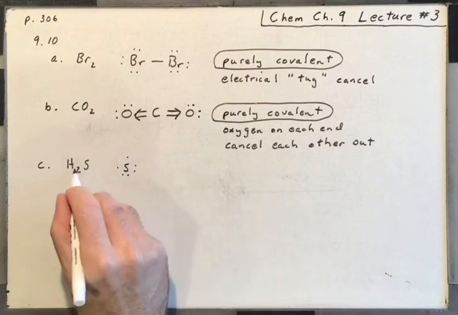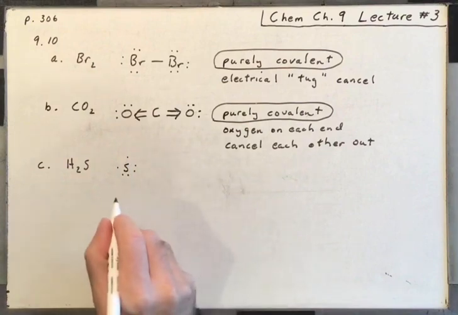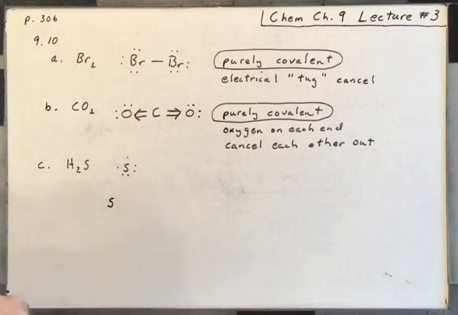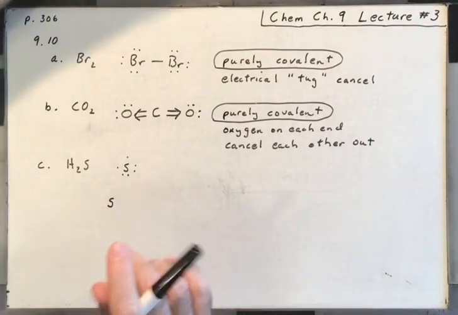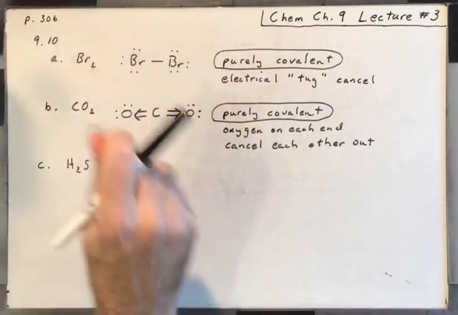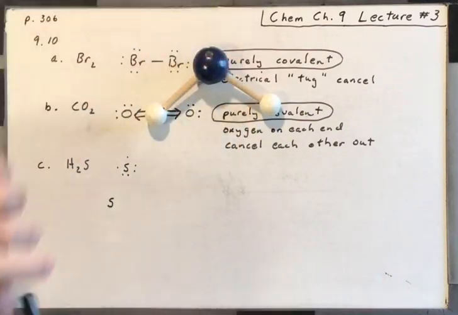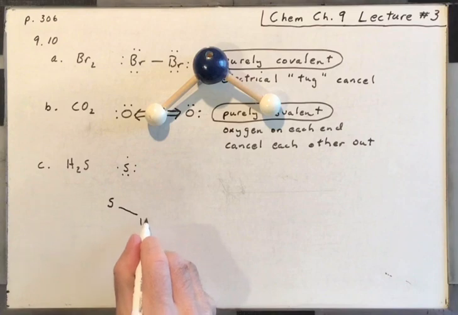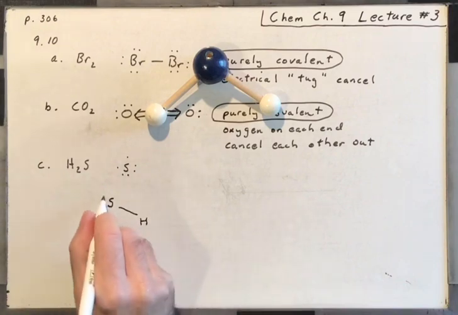So each of these two hydrogens could form a bond with each unpaired electron. And when you have a single central atom with two single bonds, it forms a bent shape. So the shape does matter. That helps us determine if it's polar or purely covalent.